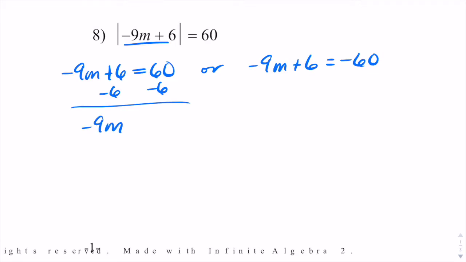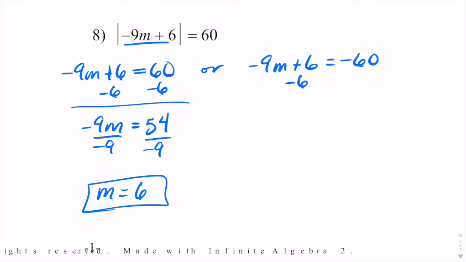So negative 9m is equal to 54, and then dividing by negative 9, 54 divided by 9 is equal to 6.